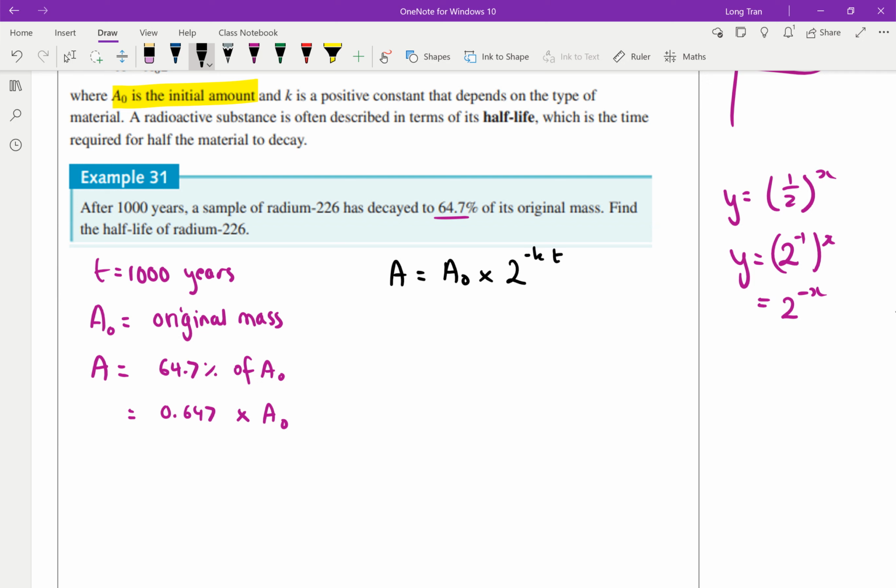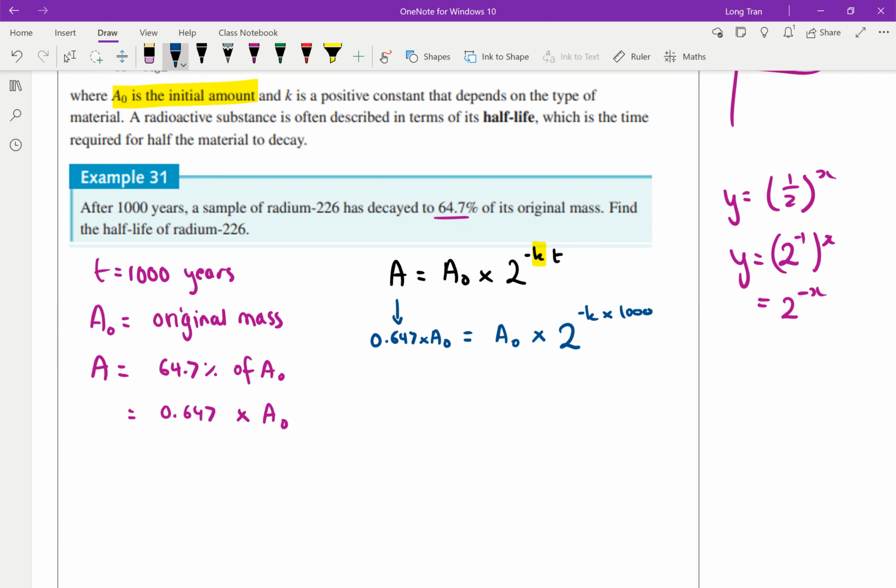K is what we need to find out because that's a constant, and they've given us enough information now to solve it. So here we go. A, which we know is 0.647 times A0, is equal to A0 multiplied by 2 to the power of, and I don't know what negative K is, but I do know what T is.